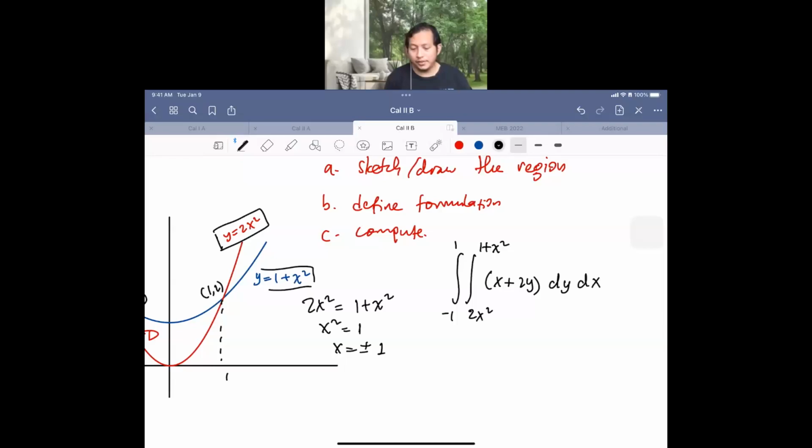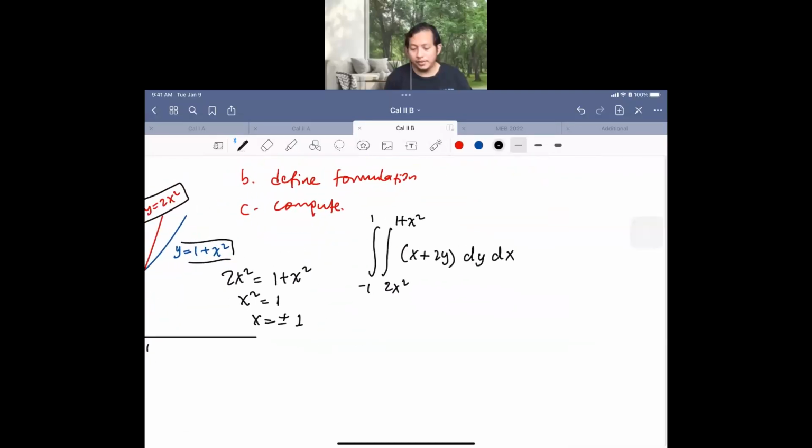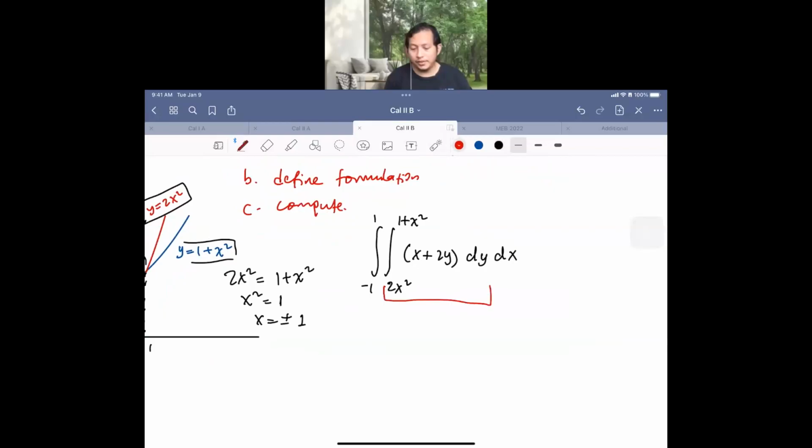Now we could start slowly, and it takes time, to integrate the inside with respect to y.